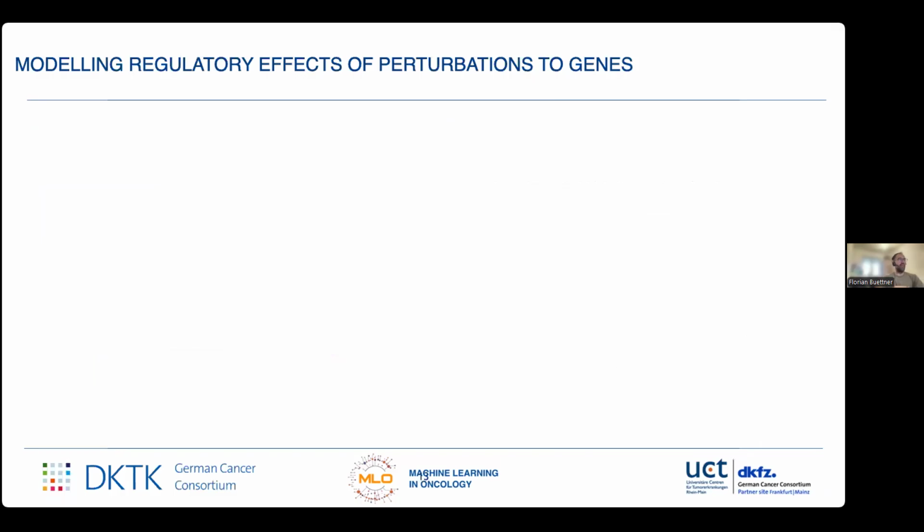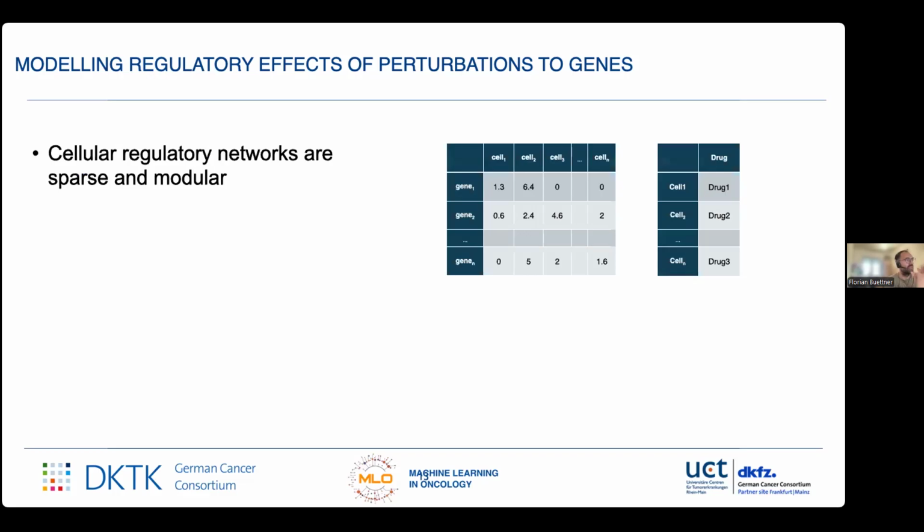Another use case where we think it makes sense to think about pathways rather than latent factors in general is if we want to model regulatory effects of perturbations to genes or the drug response, because cellular networks or regulatory networks are very sparse and very modular.